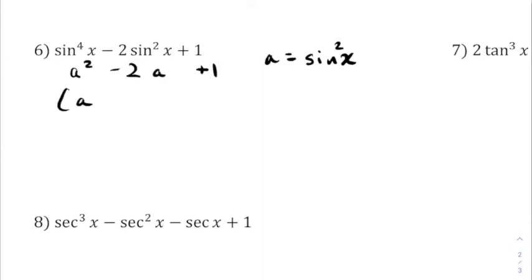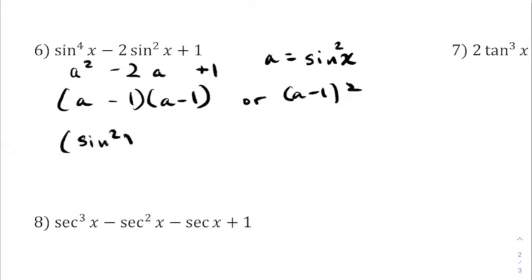We can say this is a minus 1 times a minus 1, or a minus 1 squared. So if you just substitute the sine squared x for a, then you could write this as sine squared x minus 1, that entire thing squared.